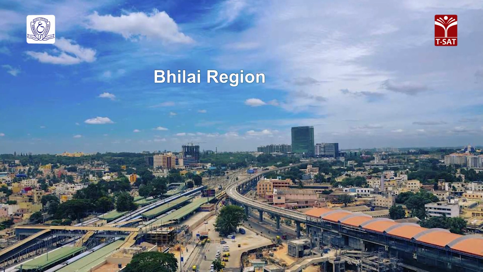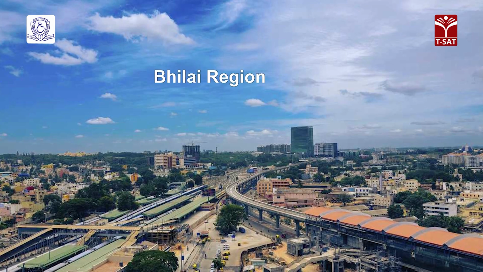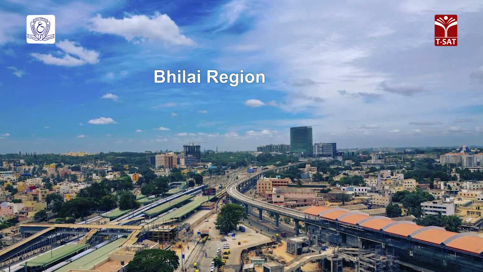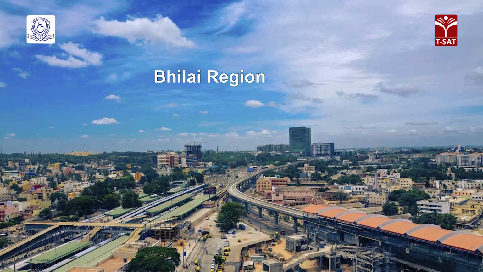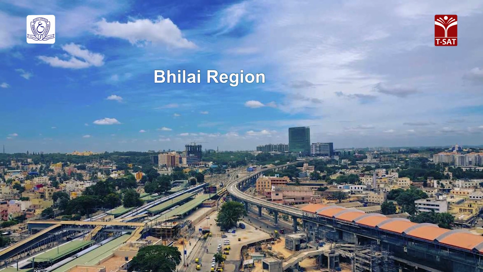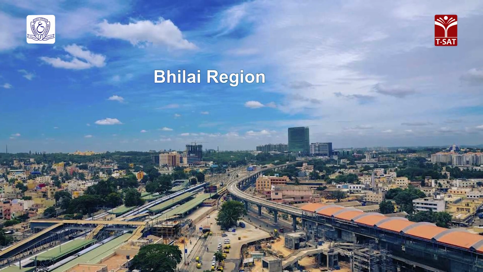For example, the Bhilai region has attracted factors of production and has emerged as a developed town, but the surrounding areas have been deserted in terms of growth and development.